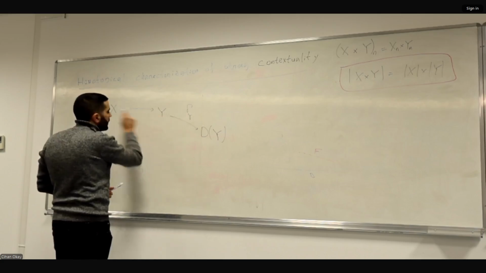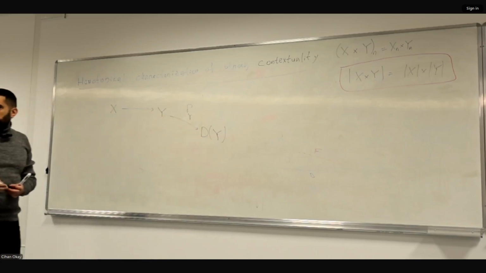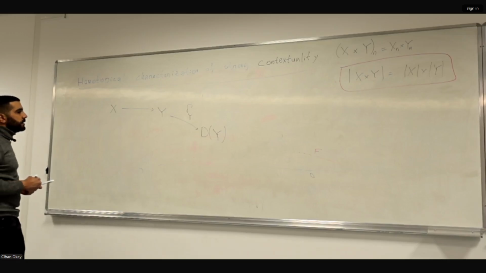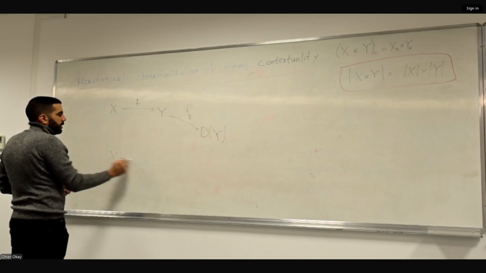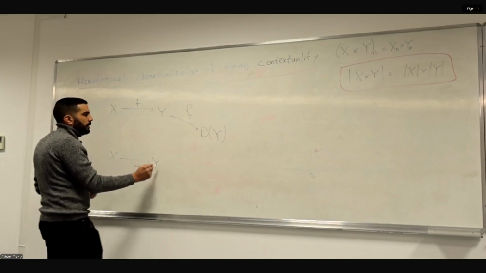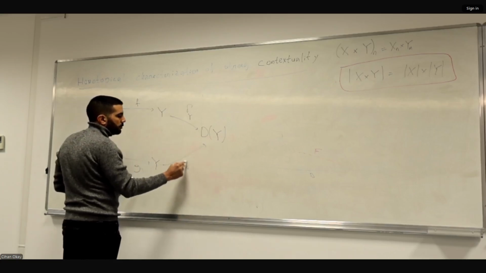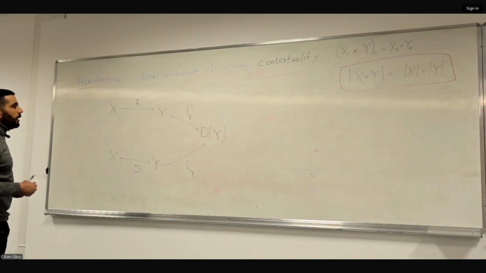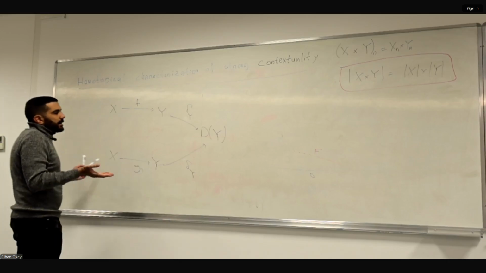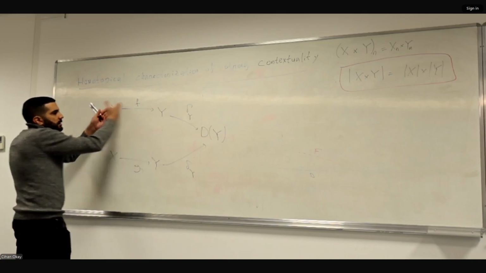This will be mapped by 0 and 1, right? We have this delta y, and we can go to this. The same if we have such a map f and another map g, we can go to lambda y. So this is actually the same map, the same information.